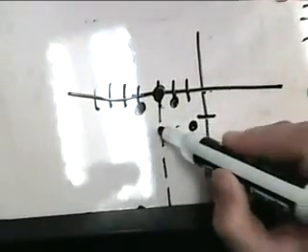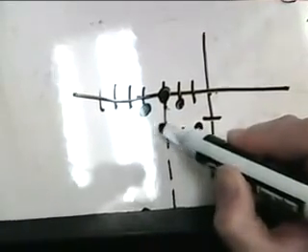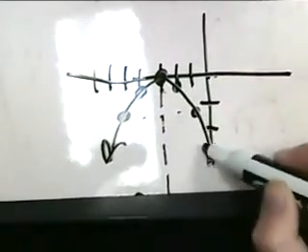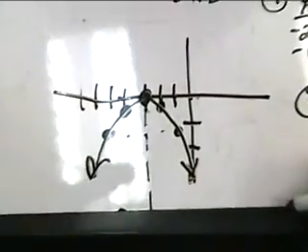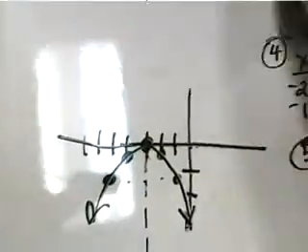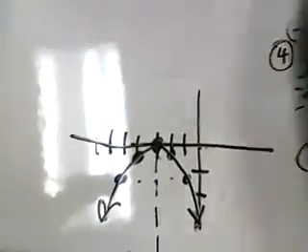This guy was 2 spots to the right, so I'm going to go 2 spots to the left. And draw my graph. Remember, it was supposed to open down, and it does.